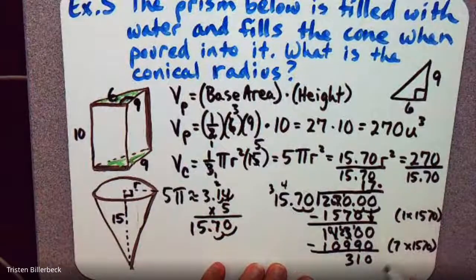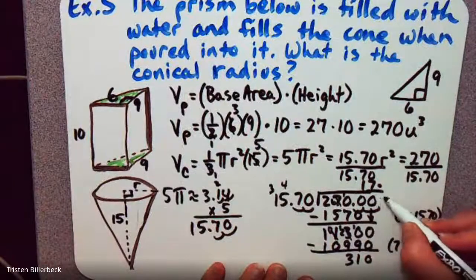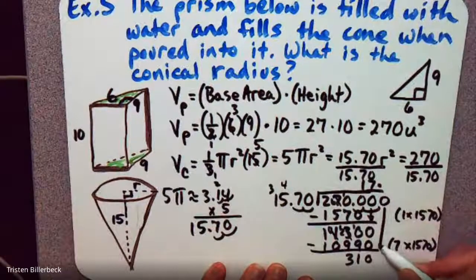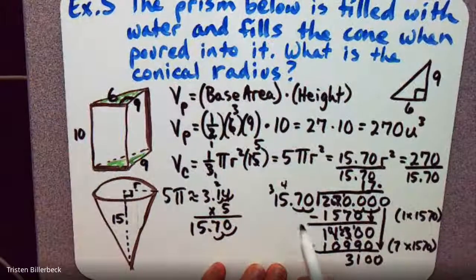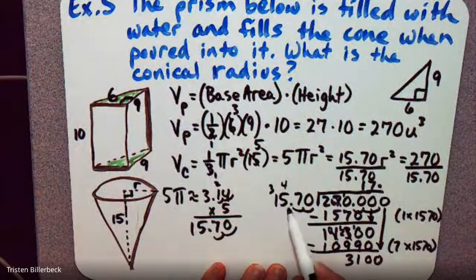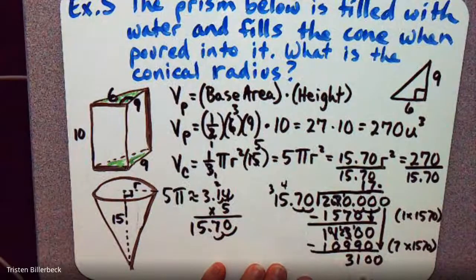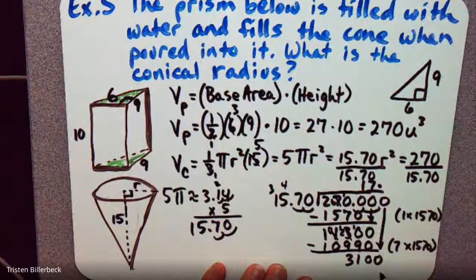All right, so we still haven't finished, so we should probably drop another 0 down. And this is very close to 2. Okay, so I think it's only going to miss it by 40.